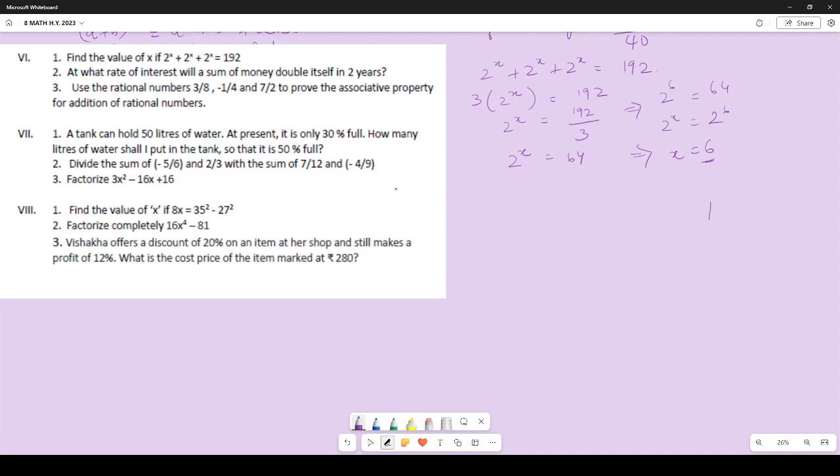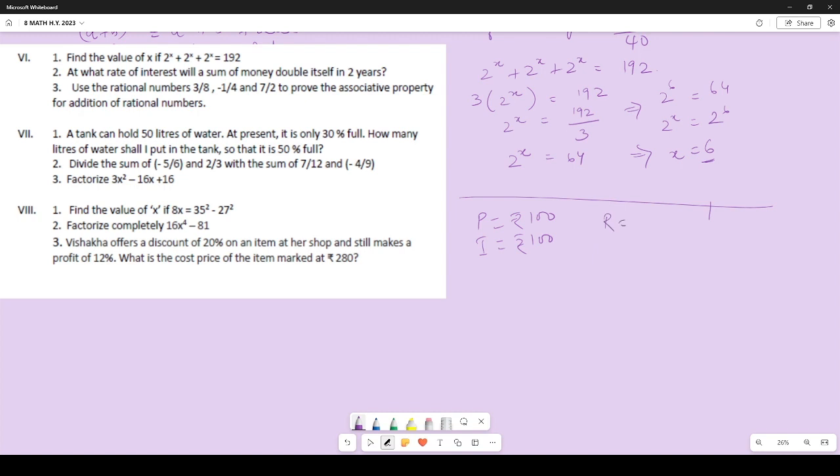At what rate of interest will a sum of money double itself in 2 years? When we talk about doubling of the sum of money, what we are saying is that if P is rupees 100, the interest also becomes the same, right?